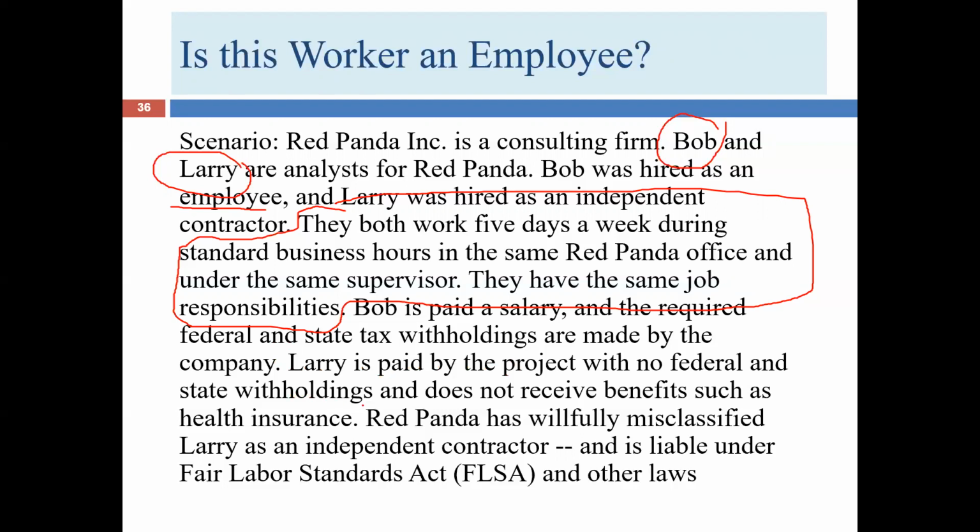In this case, it's very obvious that Red Panda is in violation. And in fact, by designating Larry as an independent contractor, it is in violation of the Fair Labor Standards Act and probably a number of other laws. Now, you might be thinking to yourself, oh, some small company might do something like this. It used to be common for larger companies to do this. In fact, it's pretty famous.